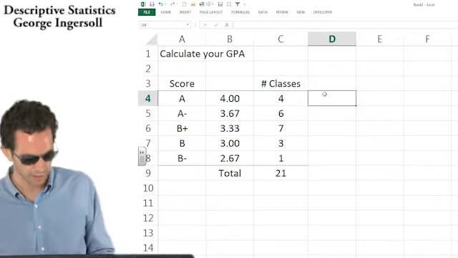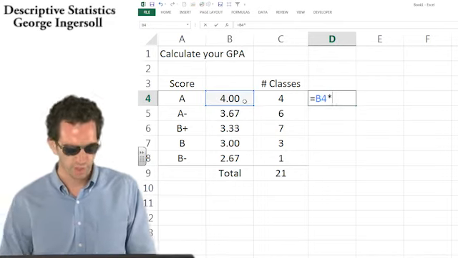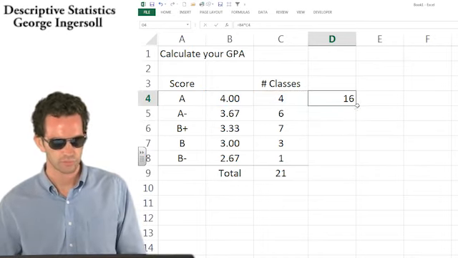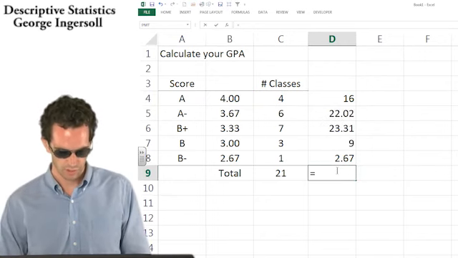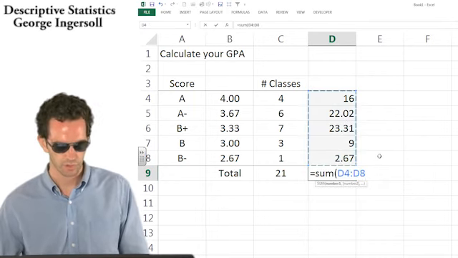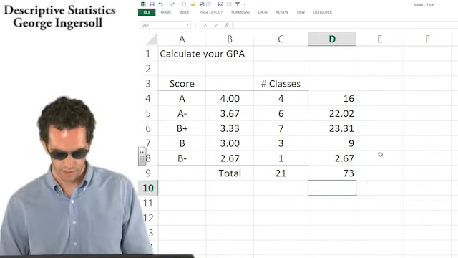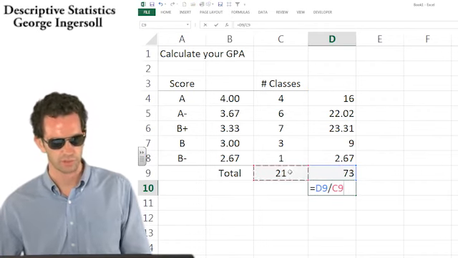So the way you do this calculation is you multiply each value by its frequency for all the values. You add them all up, the values times their frequencies, and then you have to divide by the total number of instances, which is 21.